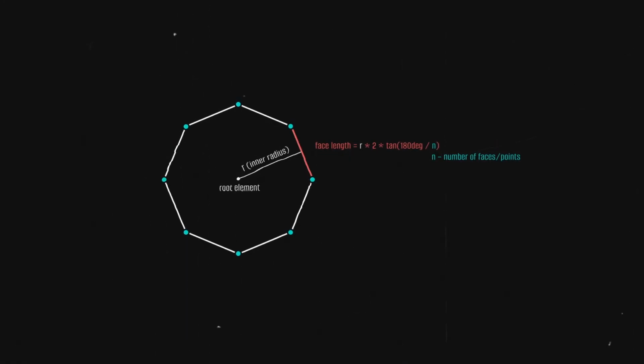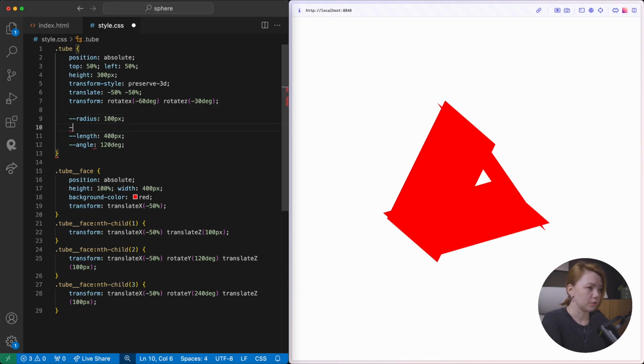Let's also define n, which is the number of faces. We have 3 of them. Just to make it easier, let's calculate what we need.